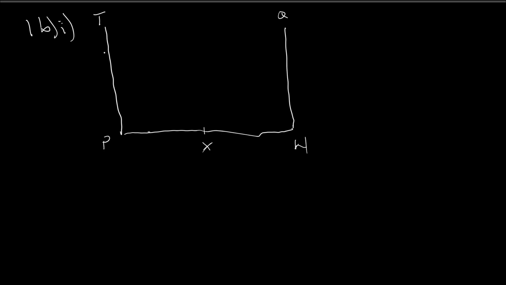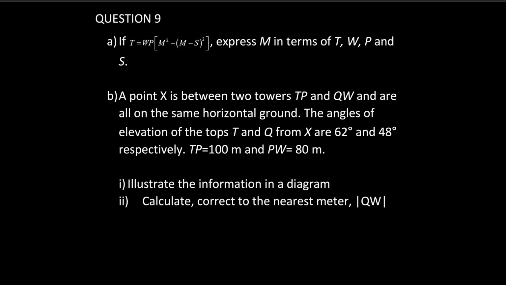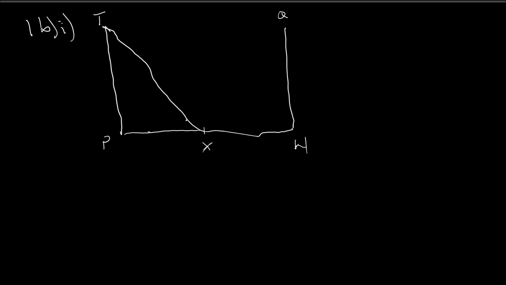The angle of elevation of the top T from X is 62 degrees. So this angle is 62 degrees. And then Q from X is 48 degrees.